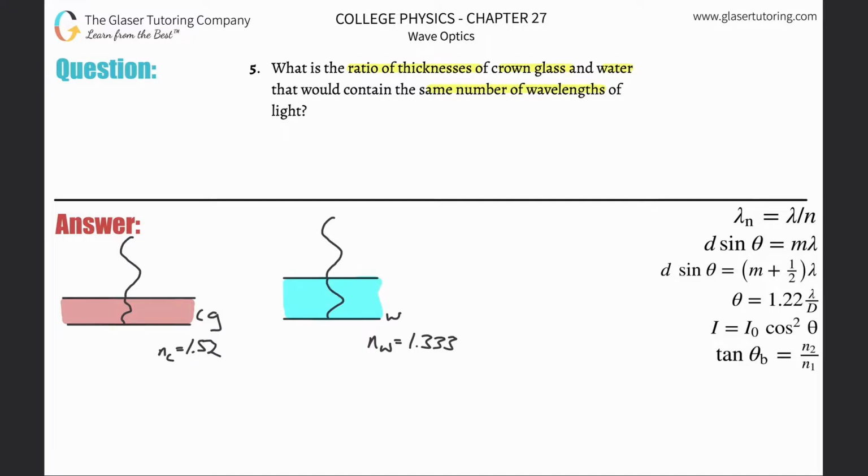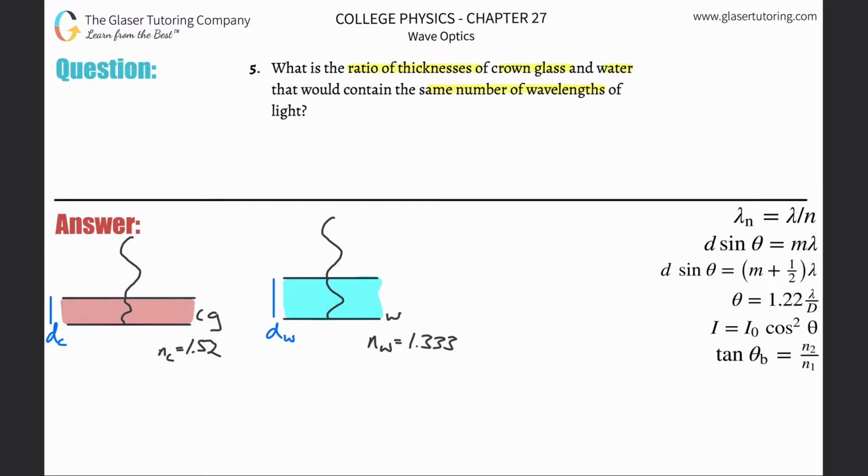Now I want to find the ratio between these two thicknesses. Let's call this the thickness, or distance, for crown glass, D sub C, or you can call it T, it doesn't matter. And let's call this the thickness for the water.